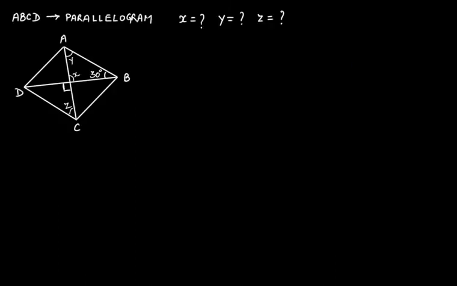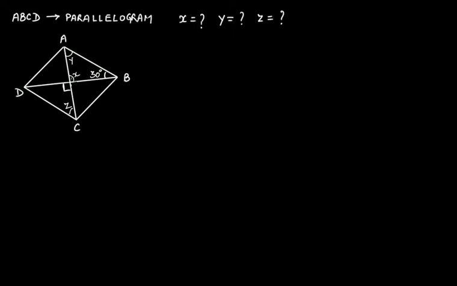ABCD is a parallelogram and you have to find the value of X, Y, and Z. Okay, so if you look at this parallelogram ABCD, here we can see that the diagonals are intersecting at a right angle. This is 90 degrees.